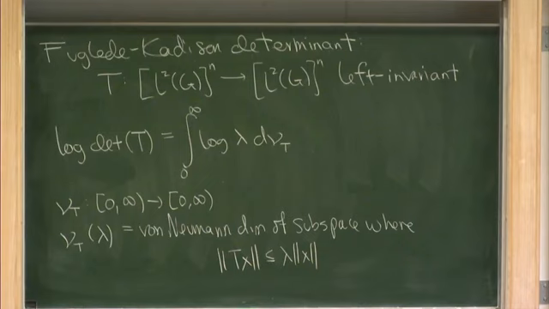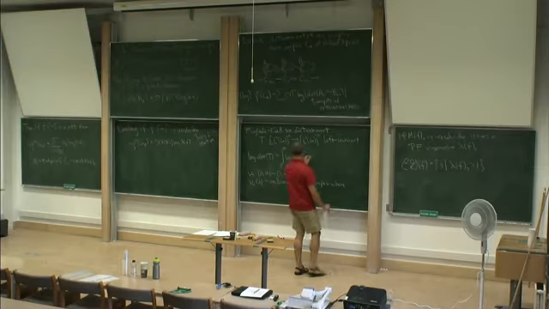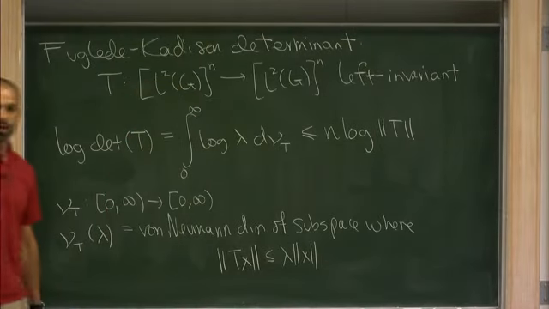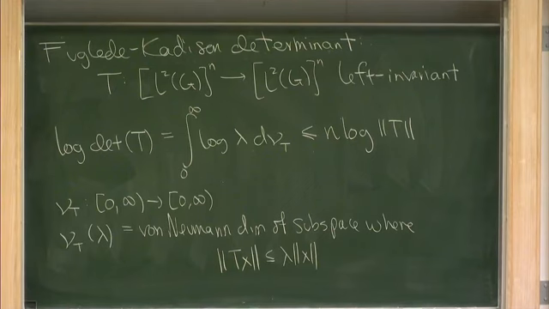However, people who are a lot smarter than me can probably tell you more about this. The only bound that I need, which is going to look very similar to that, is a sort of obvious bound. This thing is always bounded by n times log of the operator norm. Okay?